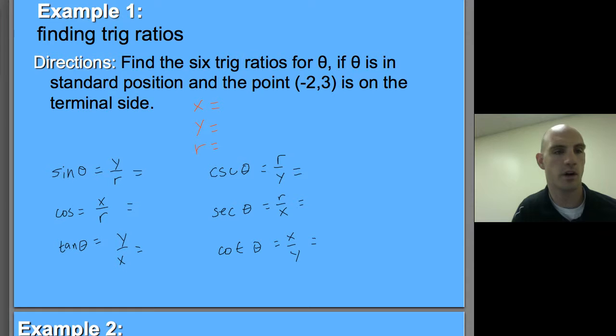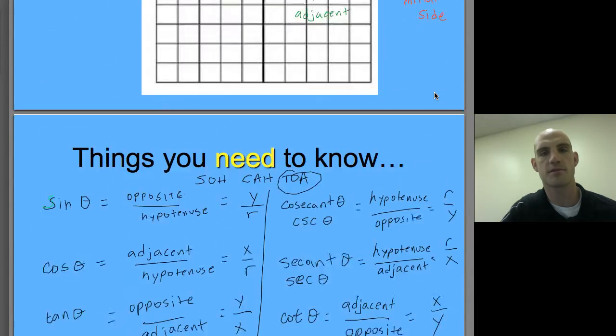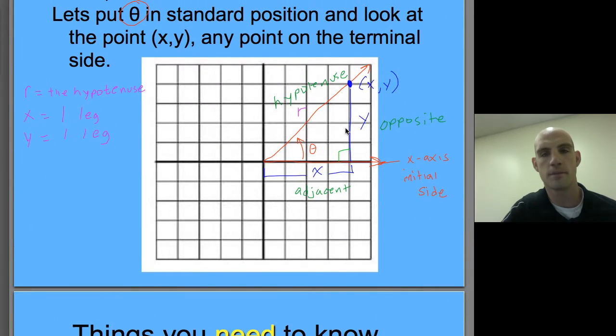Conveniently, watch how this works. Here's x, here's y. X is equal to -2, y is equal to 3, and I remember, of course, that x squared plus y squared is equal to r squared. So now I'm actually putting some values into this right triangle, all right?